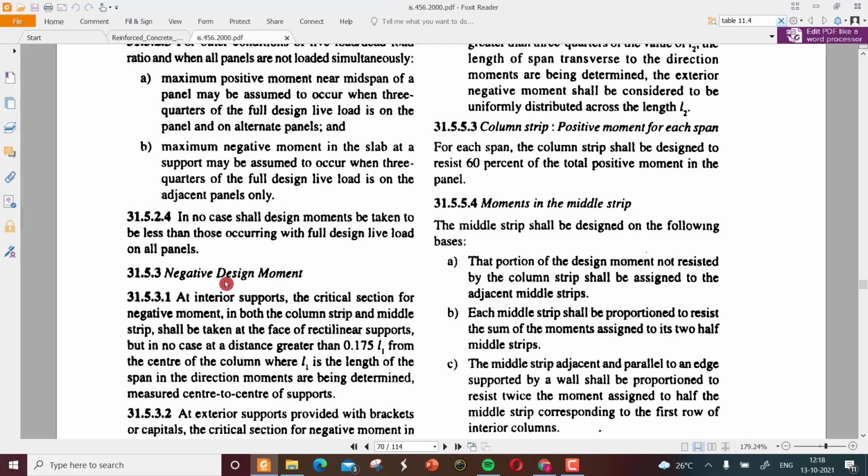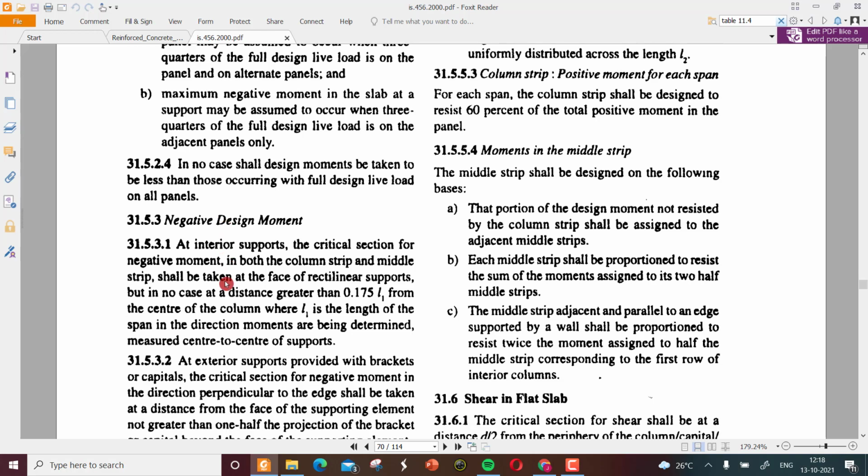31.5.3 is on the negative design moments, which we have to find because in the last design procedure these values were directly given as 0.65 and 0.35.